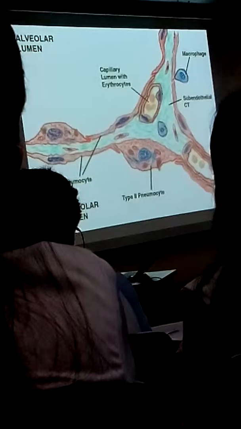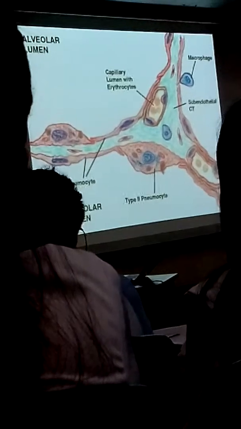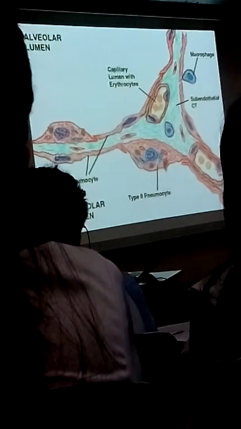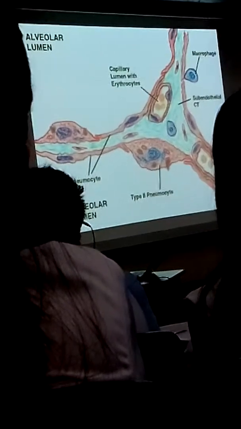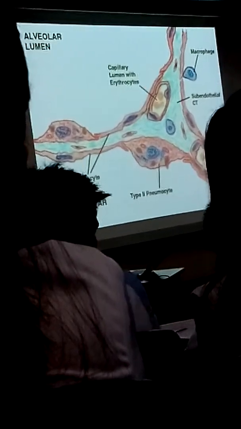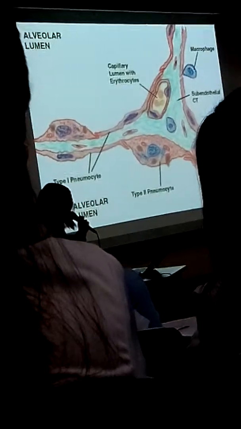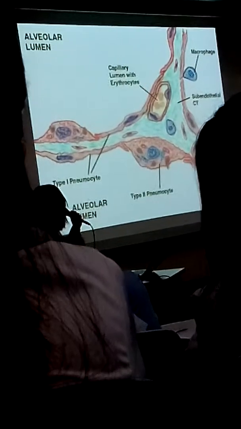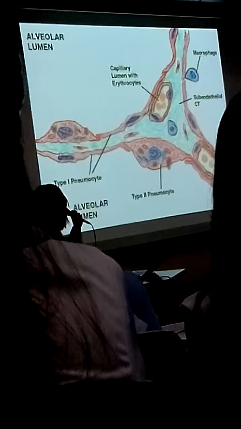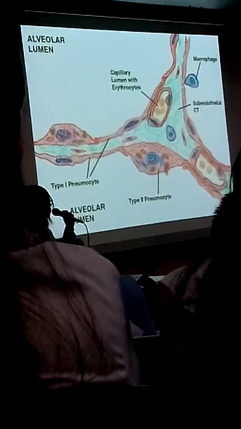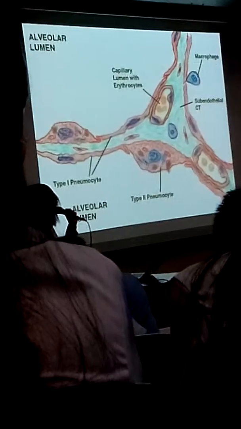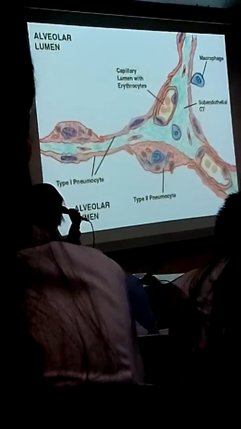However, it lines 95% of the alveoli because of its thinness. So your type 2 pneumatocyte is thicker, and it is about 60% of the total cells in your alveoli. However, it only lines 5% of your alveoli because of its dome shape.